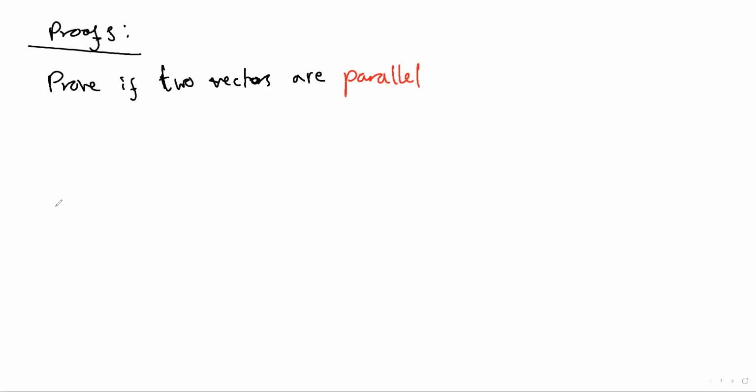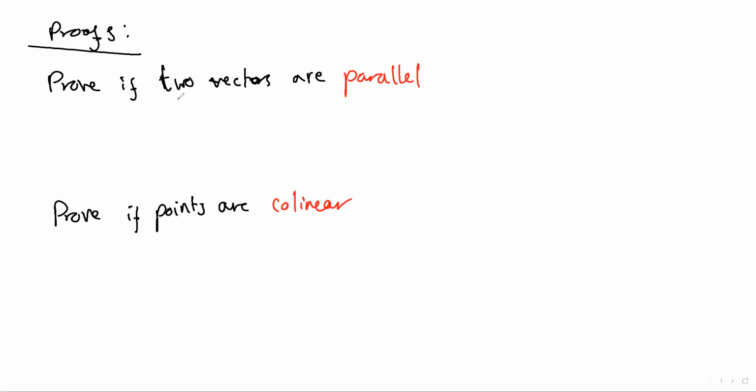And you'll also need to prove if points are collinear. So I'll explain these in more detail now.